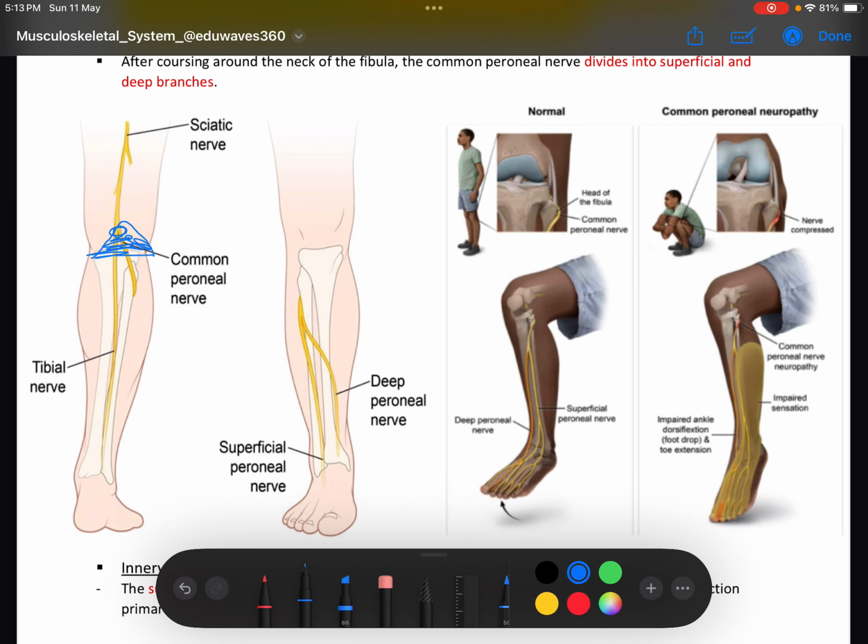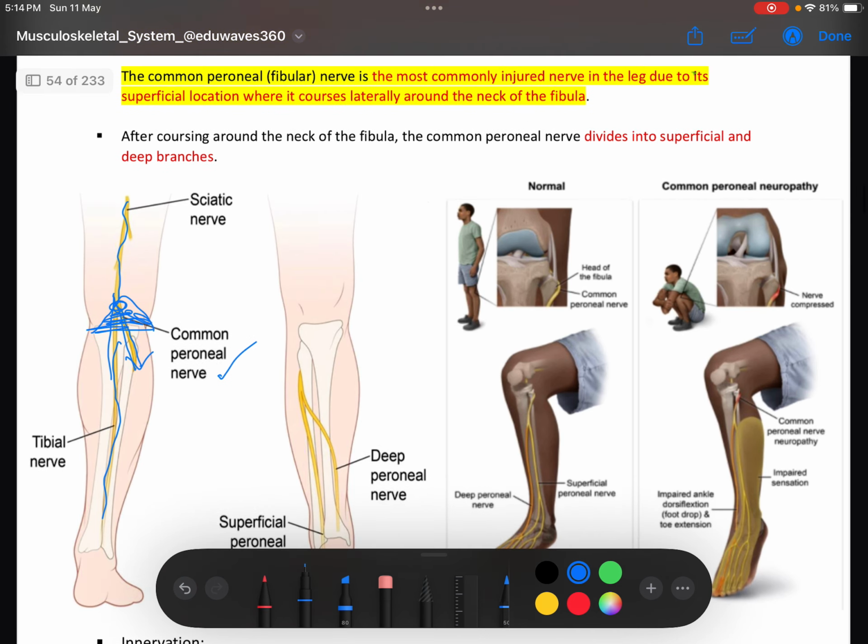In this popliteal fossa the common peroneal nerve arises from the sciatic nerve. This is the sciatic nerve, and from here we can see it dividing into two parts. This is the common peroneal nerve, and then here is the tibial nerve.